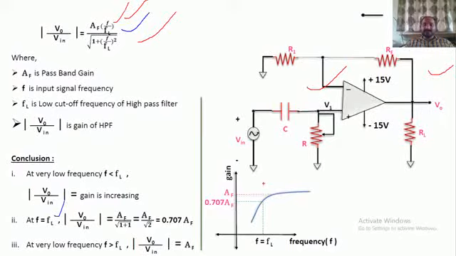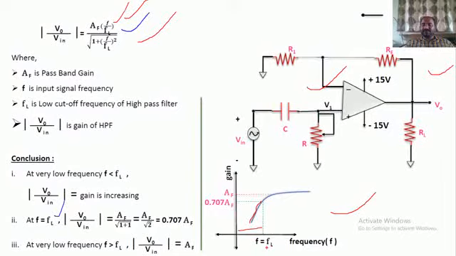Okay. So the bottom one is indicating the graph of our first order high pass filter. As I told you, from these 3 points, when F is less than FL, means when the input signal frequency is less than the cutoff frequency, then the gain of the filter keeps on increasing. Means as the frequency is increasing, the gain is increasing.